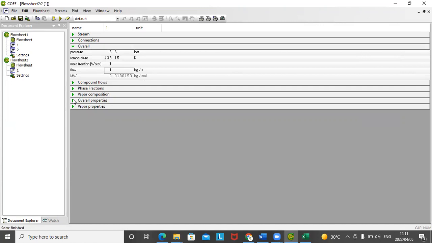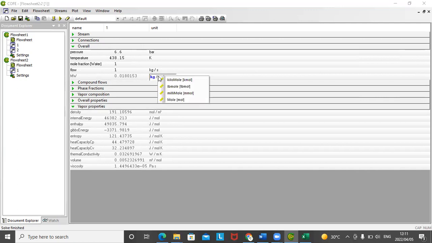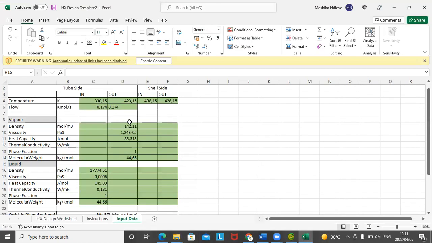Look at that. Again, we're going to take the values we need. Let's change that to what we're used to. Okay, so let's start with density, 191.015.